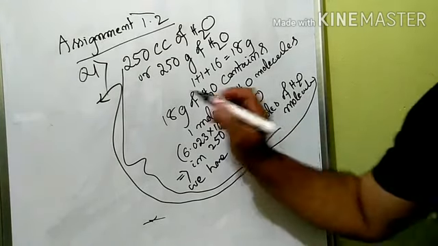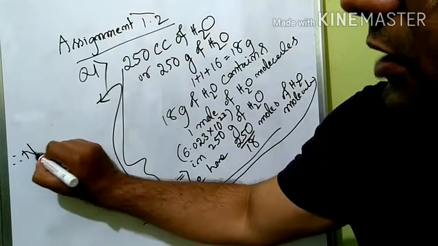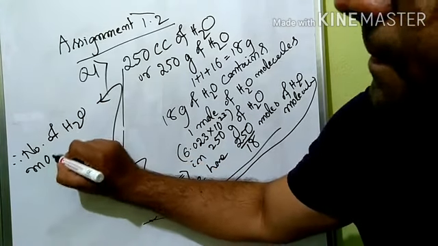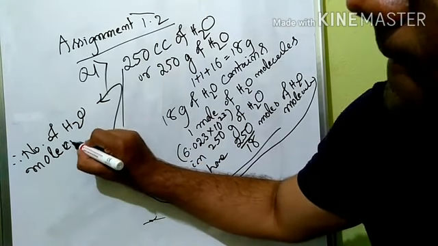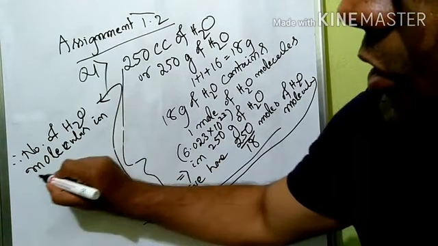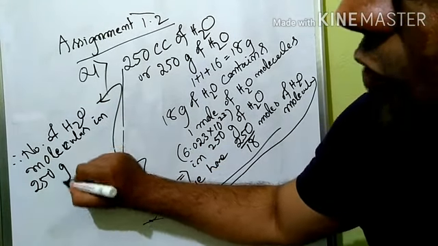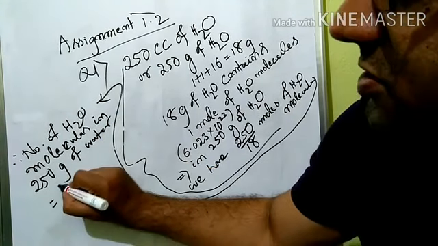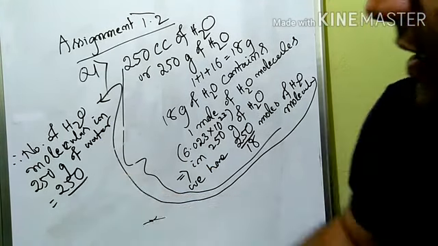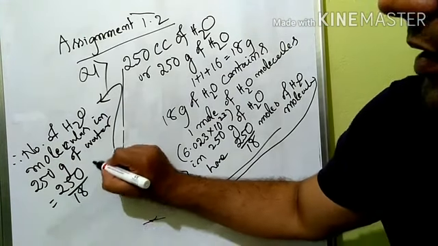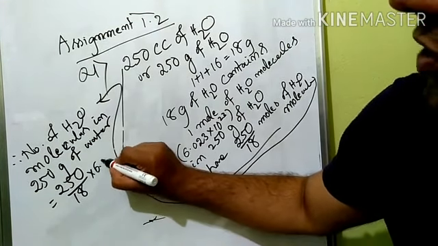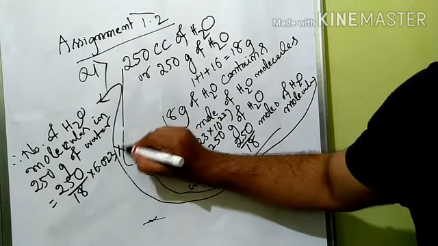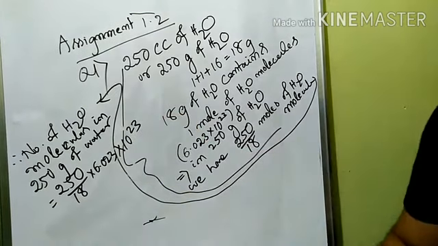Therefore the number of H2O molecules in 250 gram of water is equal to 250 by 18 into 6.023 into 10 to the power 23.